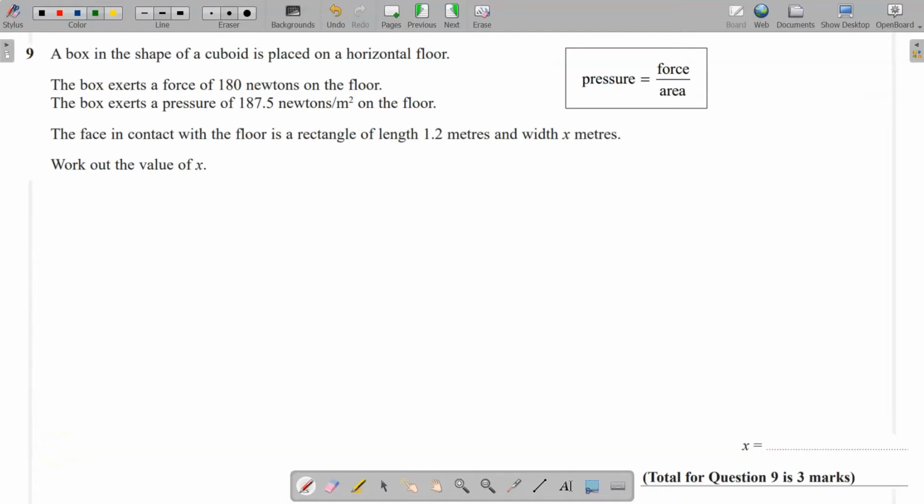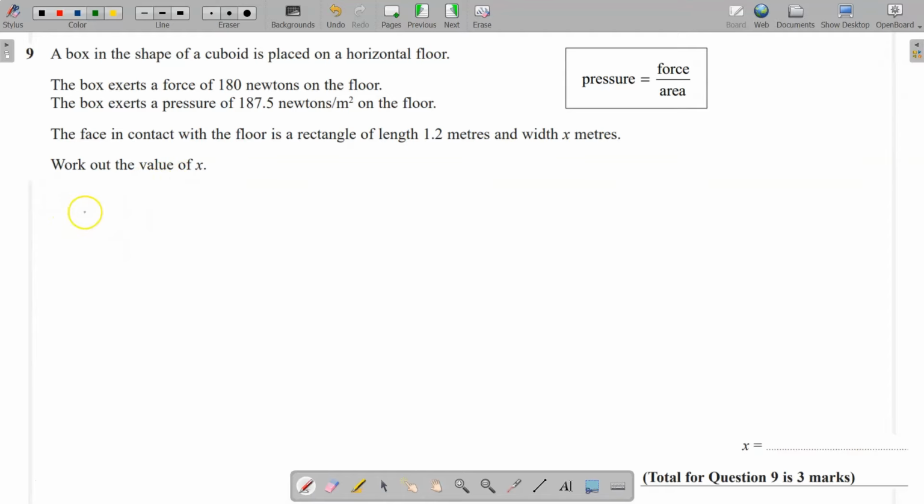Okay, in this question we are dealing with pressure, force and area, and really it's about substituting into a formula and rearranging. So we're told what the force is and we're told what the pressure is. So I'm just going to literally put the numbers I know into the formula and rearrange it.